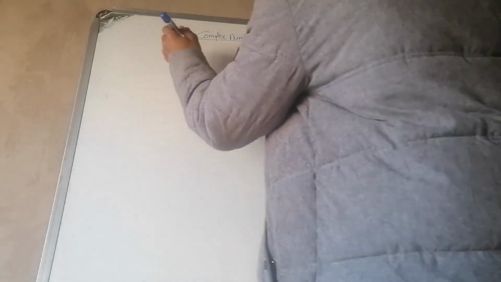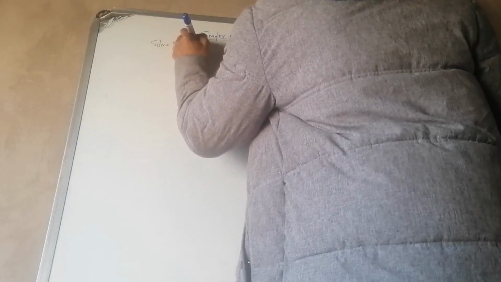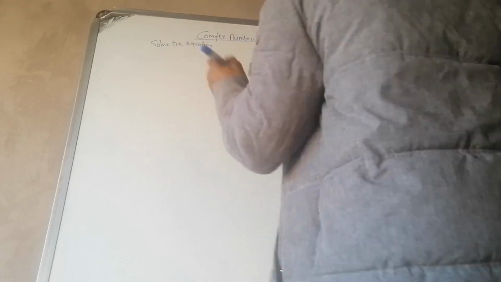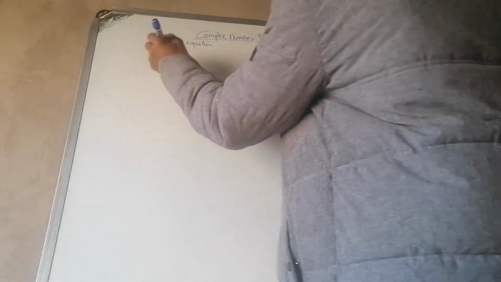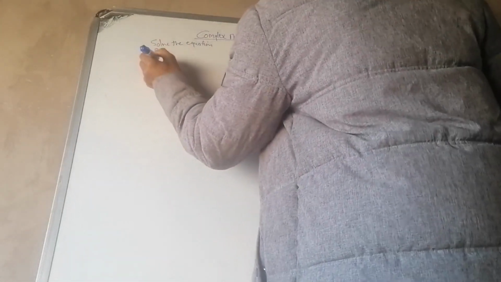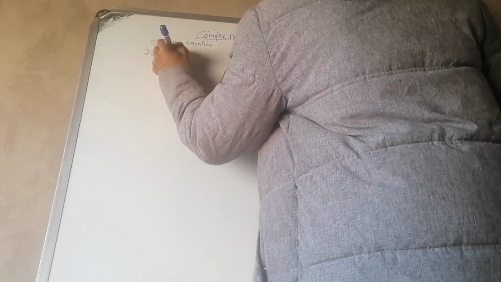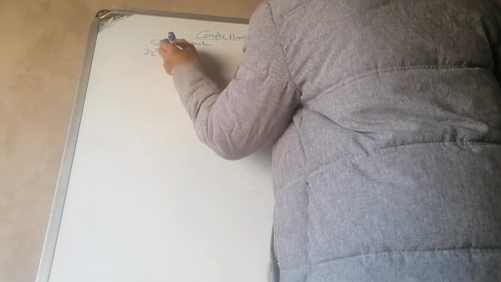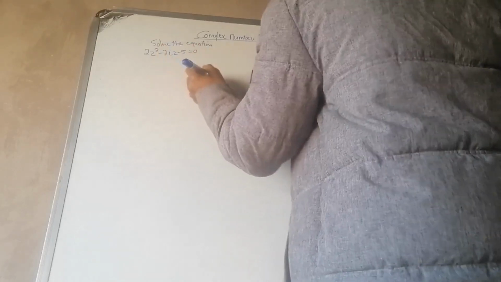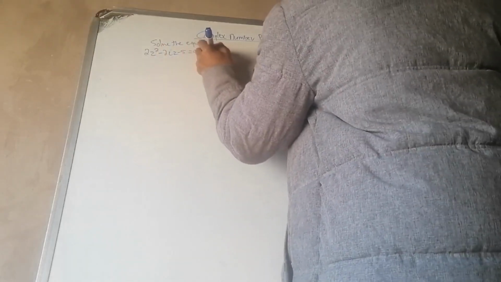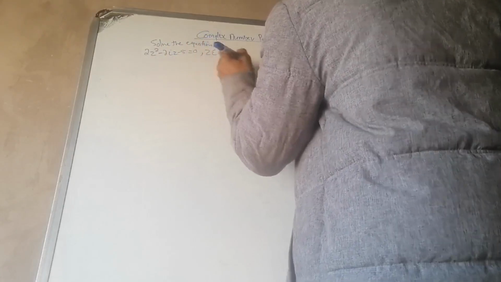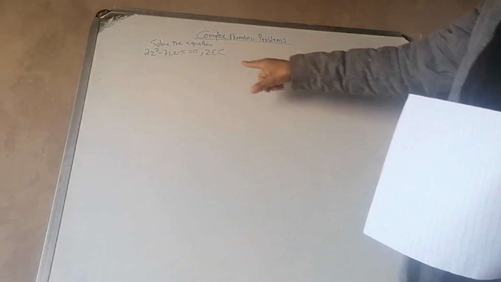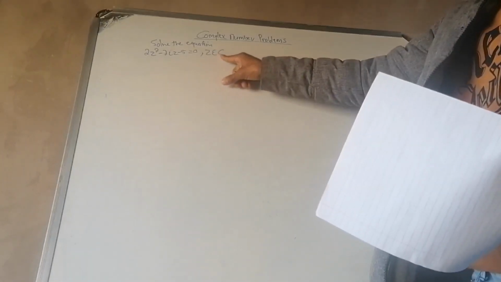They say solve the equation 2z squared minus 2iz minus 5 equals 0, where z is an element of a complex number.